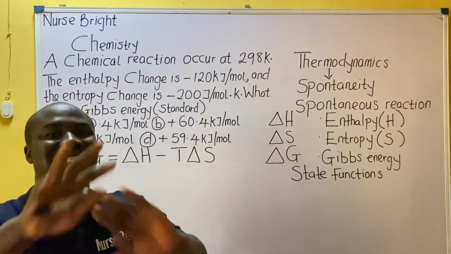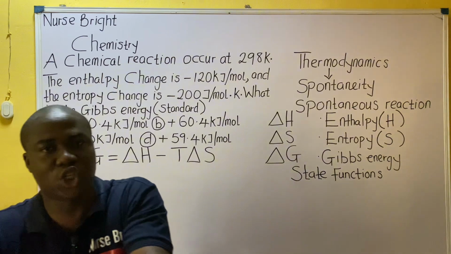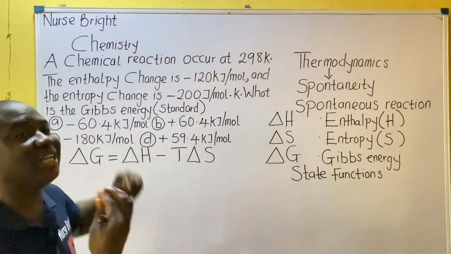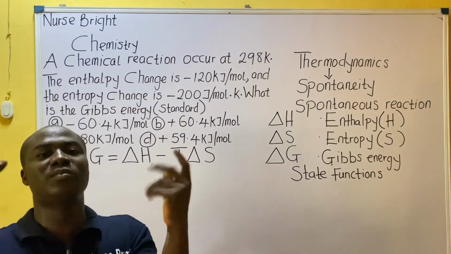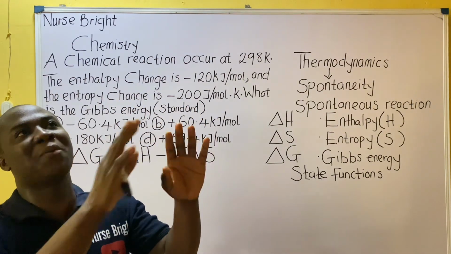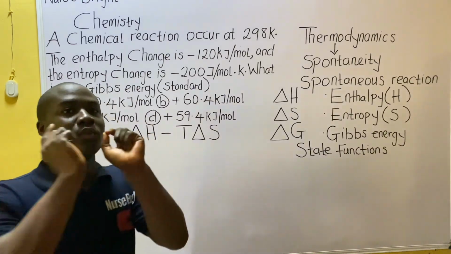When Gibbs energy is standard, it occurs under some given set of conditions, all right? For Gibbs energy to be standard, the temperature should be at room temperature. And you know, room temperature is 25 degrees Celsius. So, please listen.